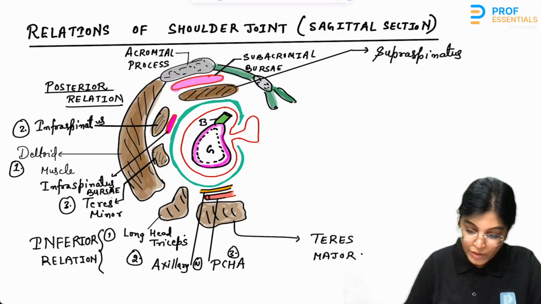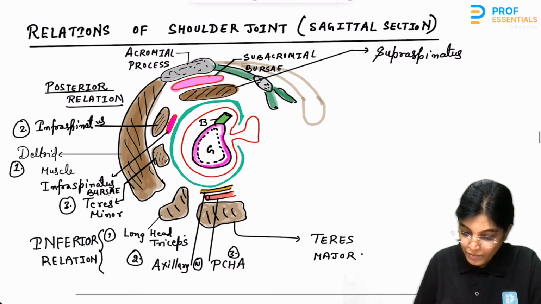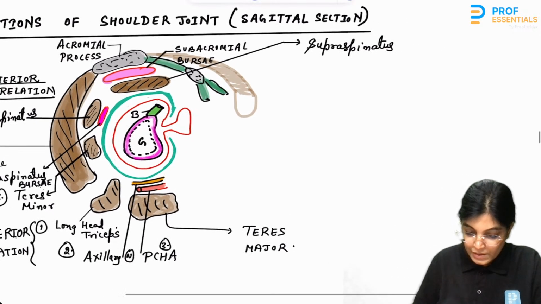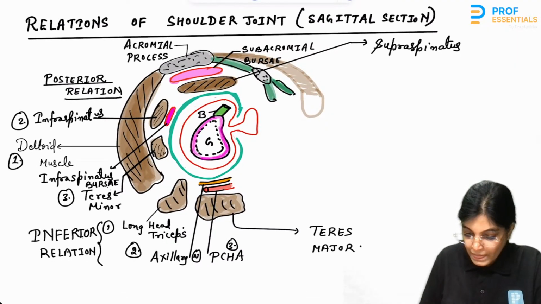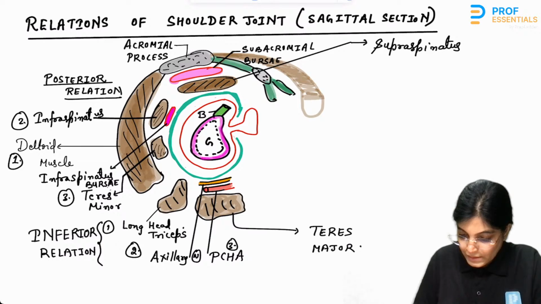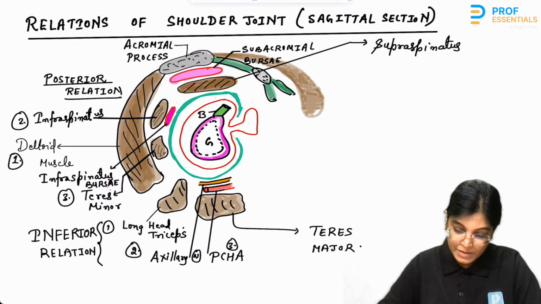Also we have the deltoid muscle, which will be covering all these structures together. This is the deltoid muscle.